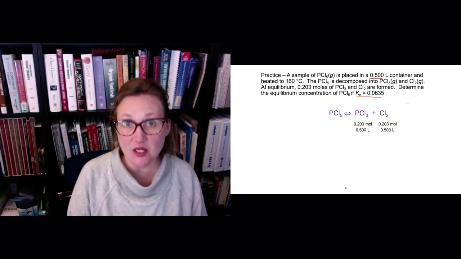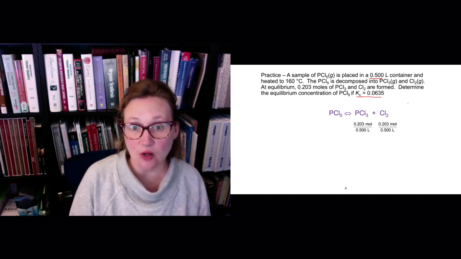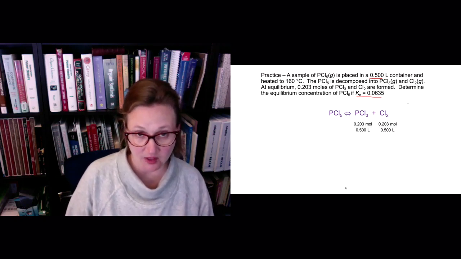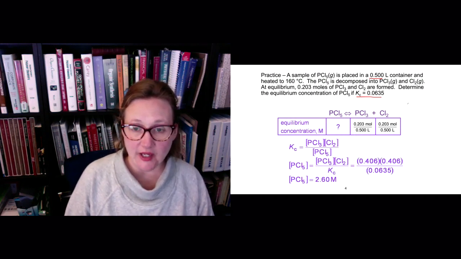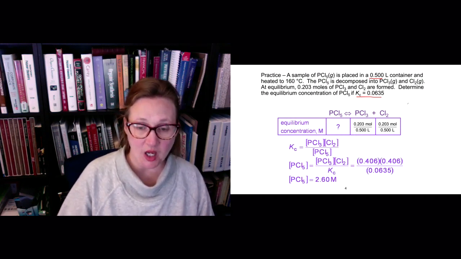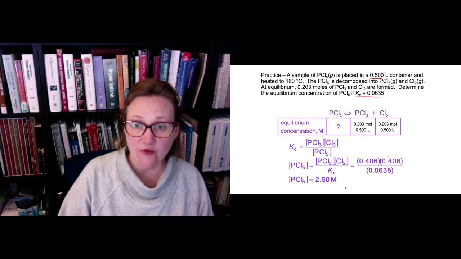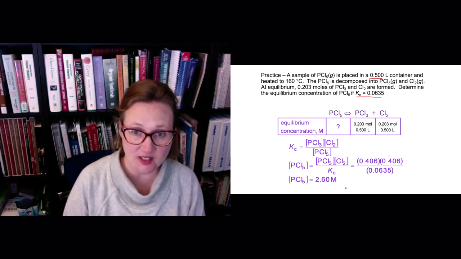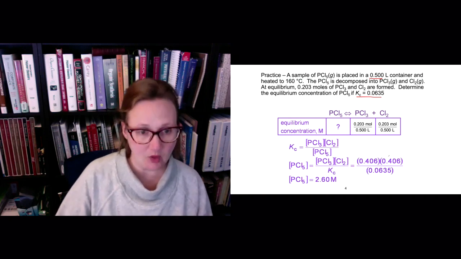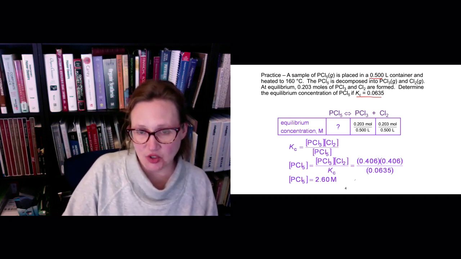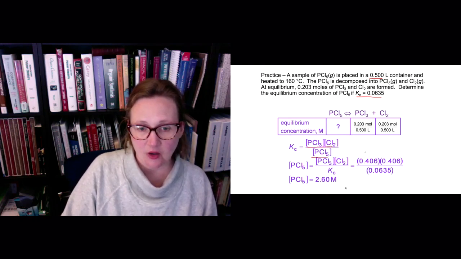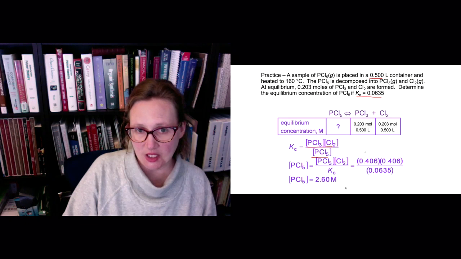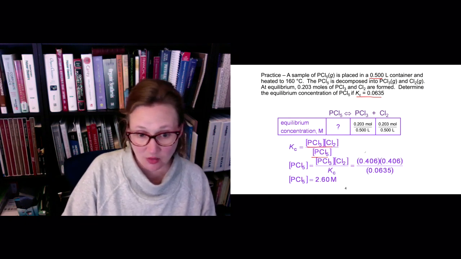Kc means concentration, so we're going to use our moles and divide by our volume to give us concentration. When we do that, we come up with values of 0.406 for both PCl3 and Cl2. Our Kc expression is our products divided by our reactant, so we can solve by rearranging the equation.